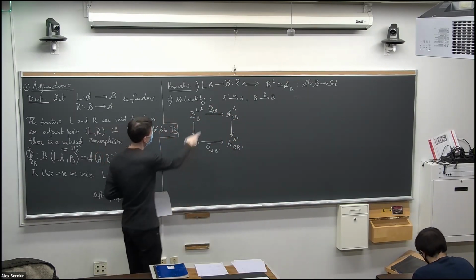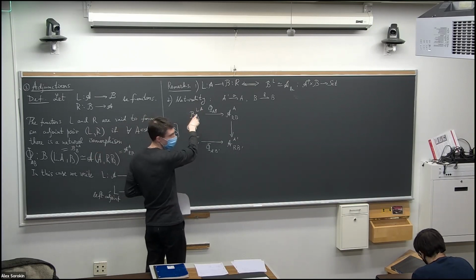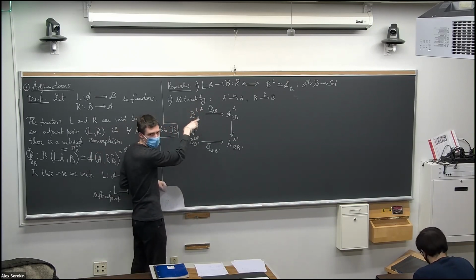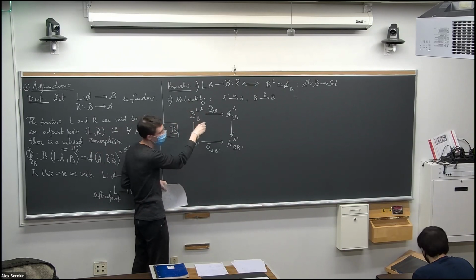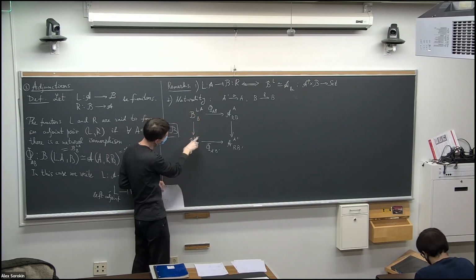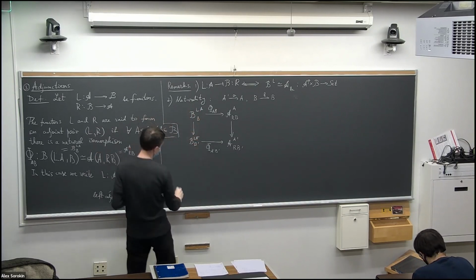Here we need to write what is going on with our functor. The elements of this set are morphisms from LA to B. Every such morphism we need to turn into a morphism from LA prime to B prime. How does it go?